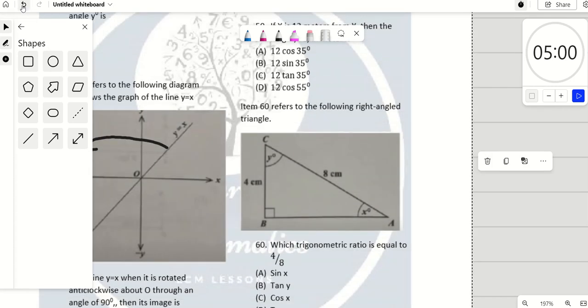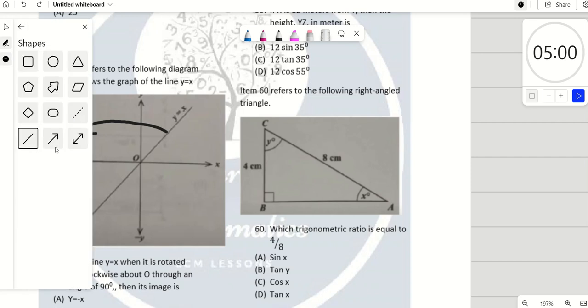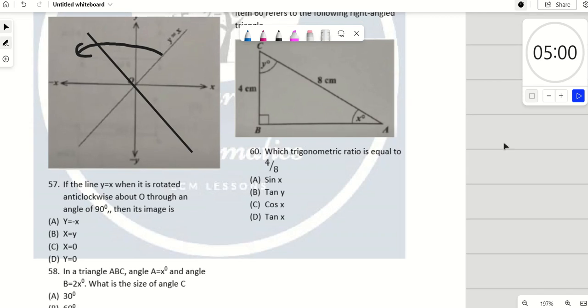Hold on, undo this. This is how your line would look, right? This is 90 degrees, right? And they asked you what is the equation of the line.